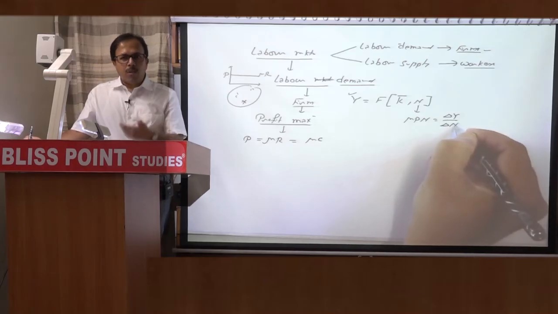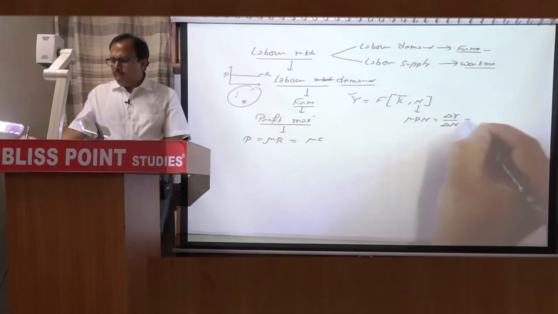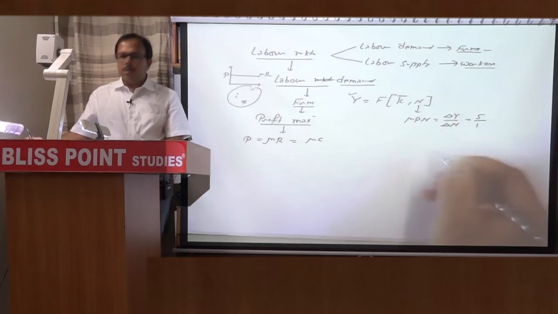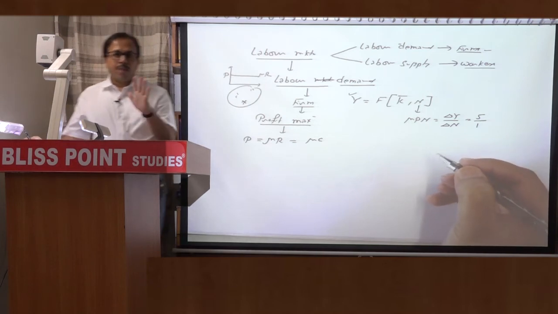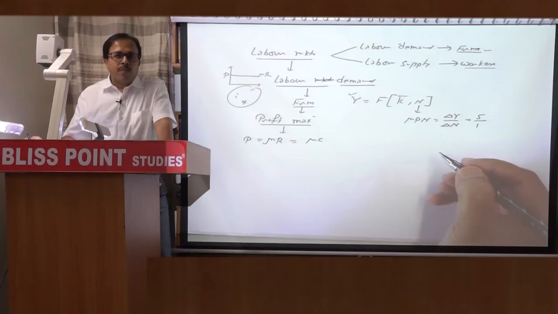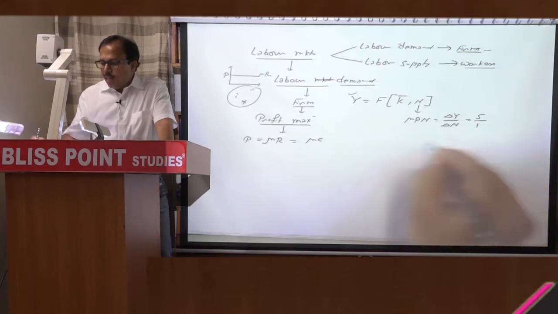So marginal product of labor determines how much the total output changes due to one additional labor. If the change in output is 5 because of a change in employment of labor by 1, that means 1 extra unit of labor produces 5 units of output. So the question is, if one labor produces 5 units of output, what is the marginal cost of producing 1 extra unit of output? That depends upon wage.